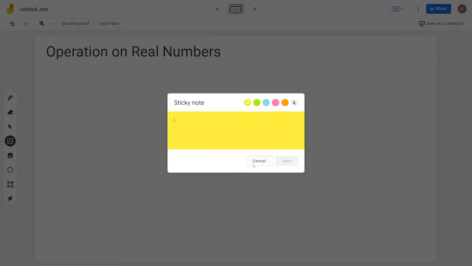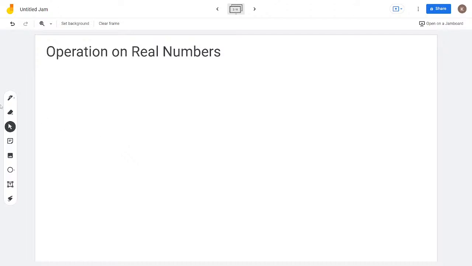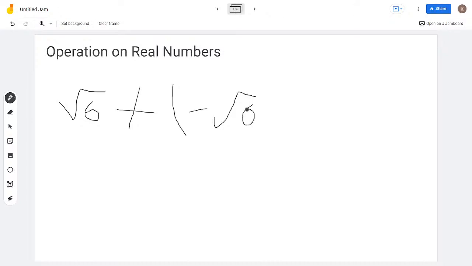Let's say we have an example. We are going to add root 6 with minus root 6. If we add root 6 to minus root 6, what is the outcome?